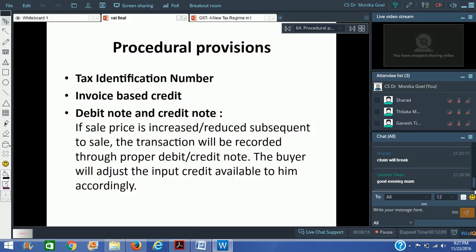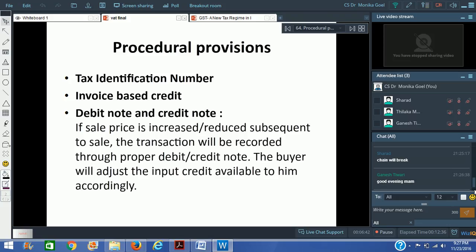In case the prices increase later on, like I've purchased something for say rupees 2000, and the next day the seller and the buyer realize that the price which was charged was lesser than the price that should have been charged. In that situation, the seller will issue a debit note, and the moment the seller issues a debit note, the amount of VAT will also be calculated and paid to the government.